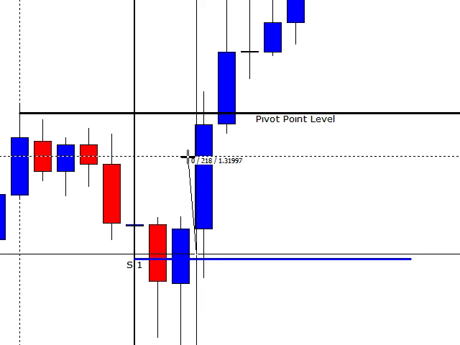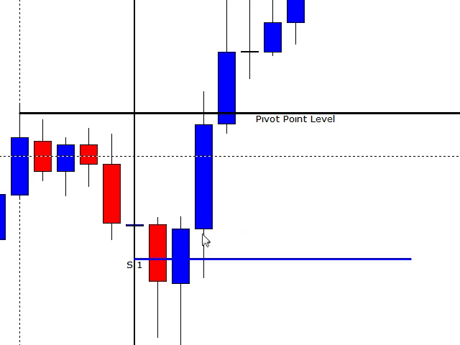Your target would have been 22 pips away at 132. However, it didn't go there, at least not in that candle, but it did go up about 8 pips, and it closed with a 5 pip profit. Your stop would have been right here under S2.